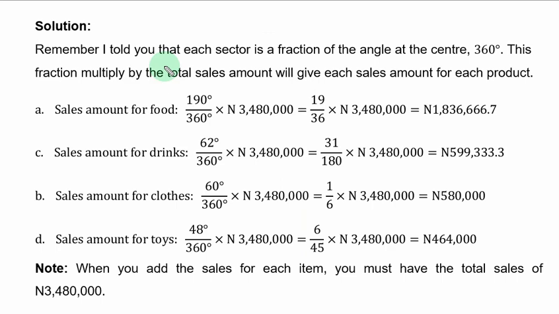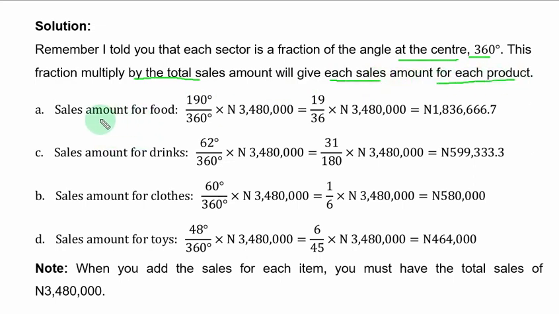Solution. Remember, I told you that each sector is a fraction of the angle at the center, that is 360 degrees. This fraction multiplied by the total sales amount will give the sales amount for each product.